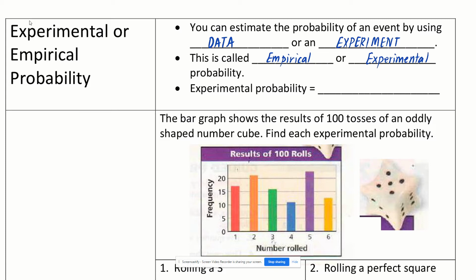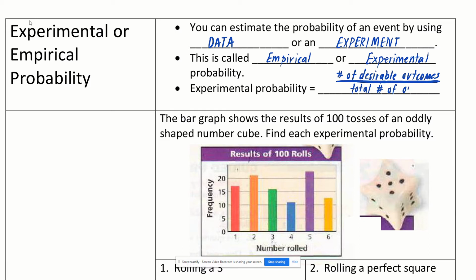Okay? So experimental probability, and this is also a fraction, okay? We're dividing. You're going to have the number of desirable outcomes, and that's going to be divided by the total number of outcomes.